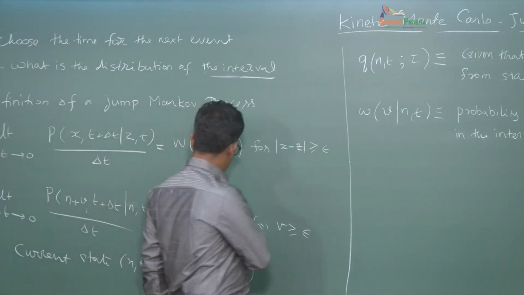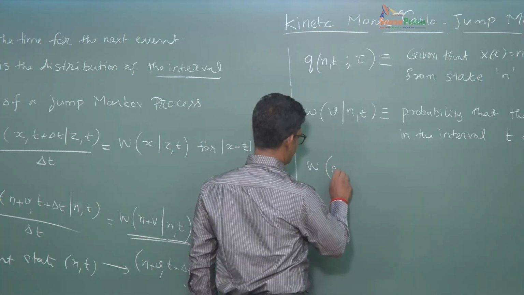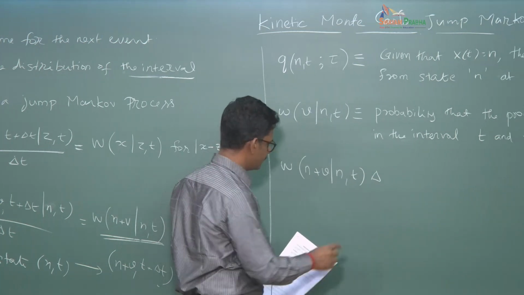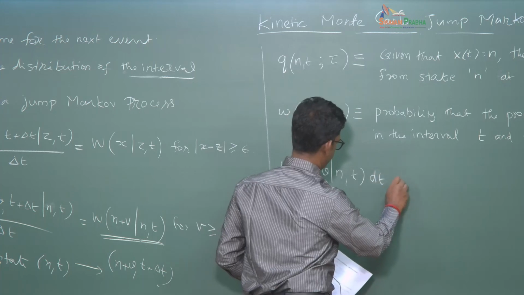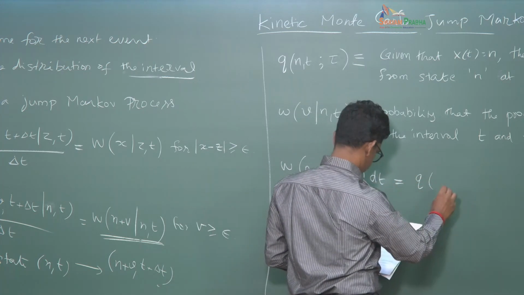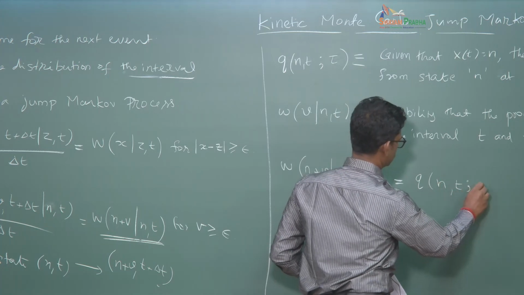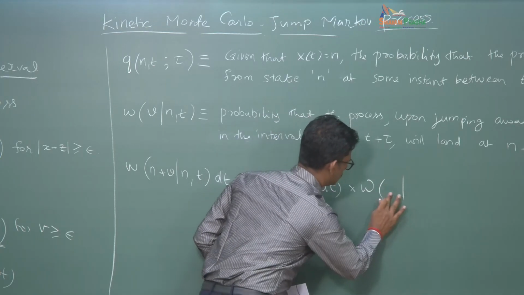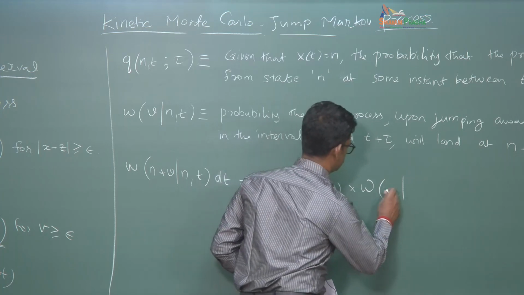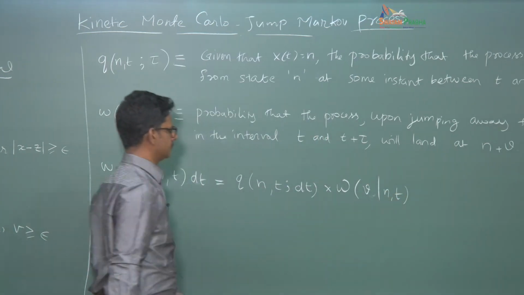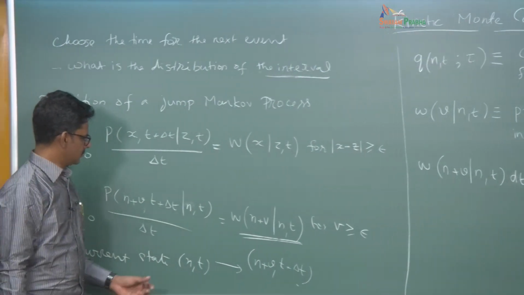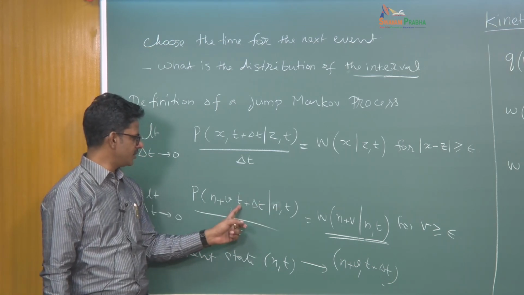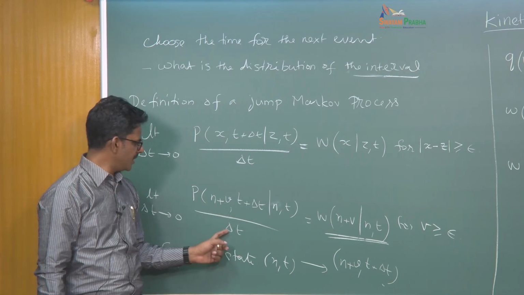So what we can do then is write this W of n plus v. If you look at this expression, given the system is at n comma t, it is making a transition at time t plus delta t to n plus v, and that is delta t times this.